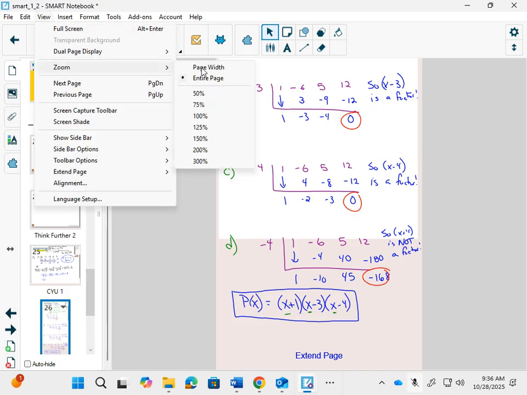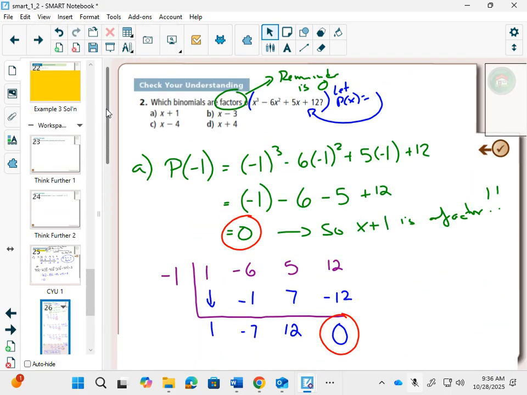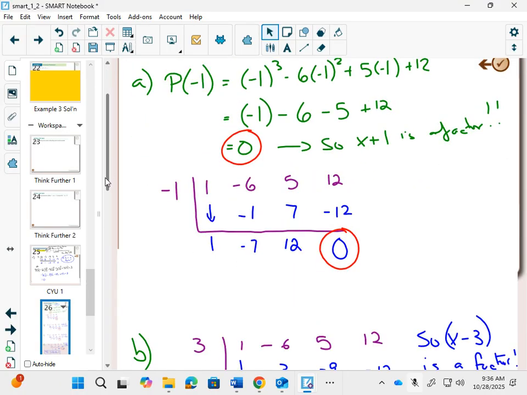I'm going to zoom back a little bit bigger so you can see it. After the first one, I said, can you leave some space? The reason I wanted you to leave some space is because you could write the division statement. P of x equals, well, we divided by x minus 1, so x plus 1 multiplied by what is left from your synthetic division.